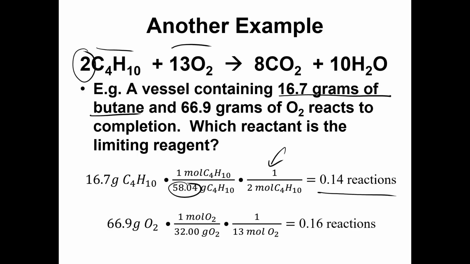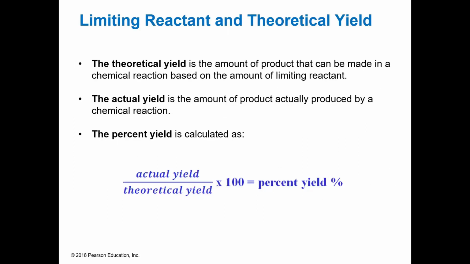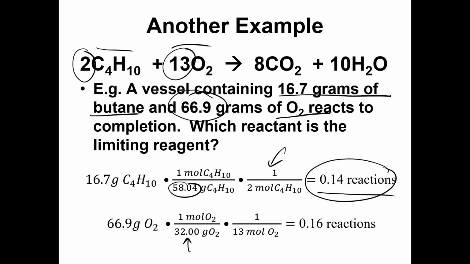You do the same thing for the grams of oxygen, 66.9 grams of O2, convert to moles using the molecular weight and divide by the coefficient here. If you have 13 moles of O2, you can complete one reaction. That's all that means. And so the limiting reagent in this case is the 0.14.